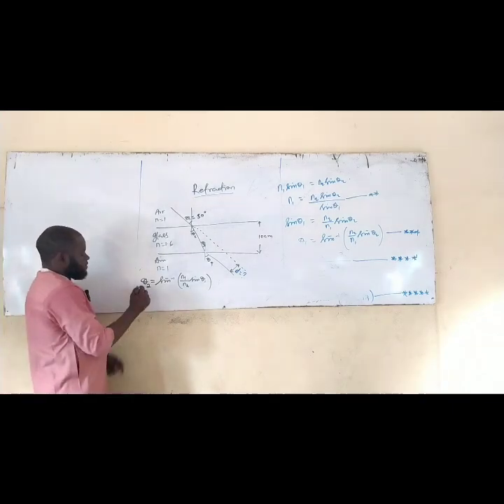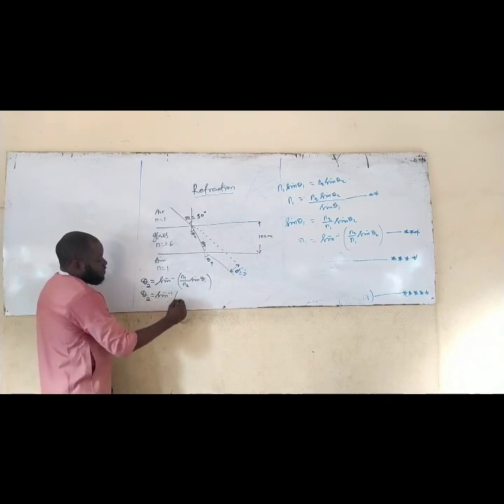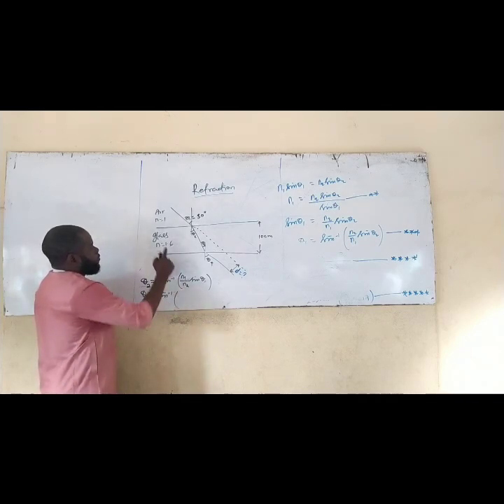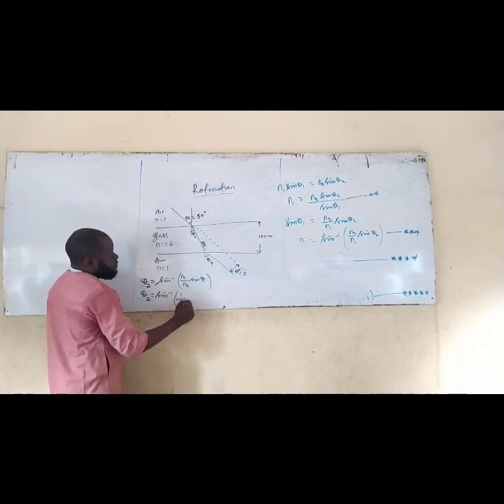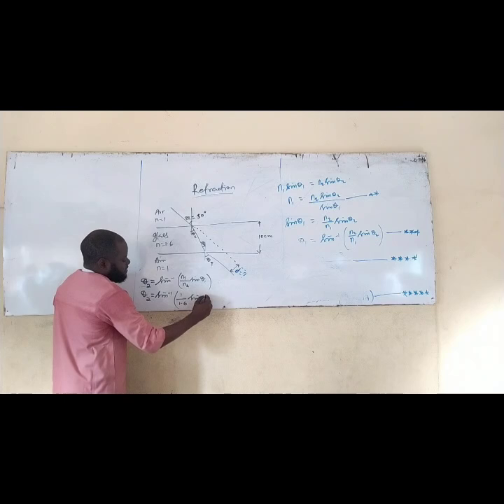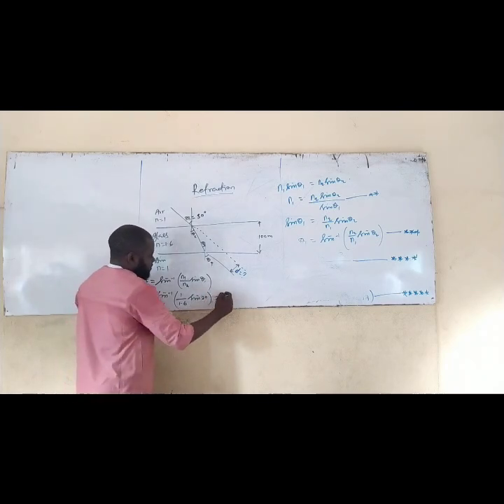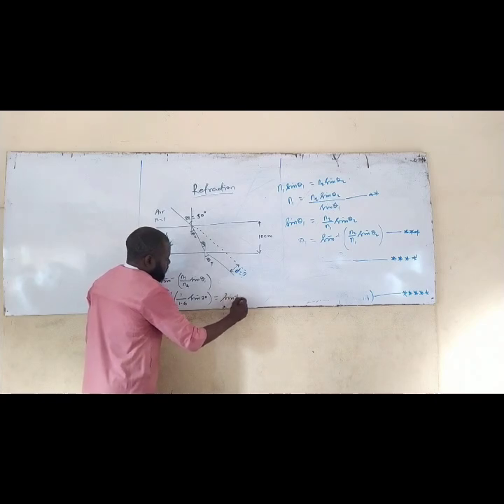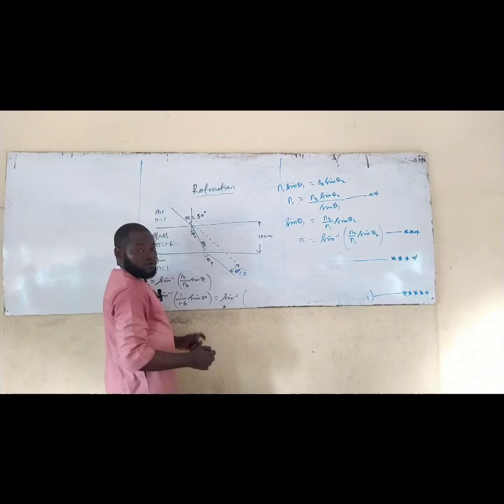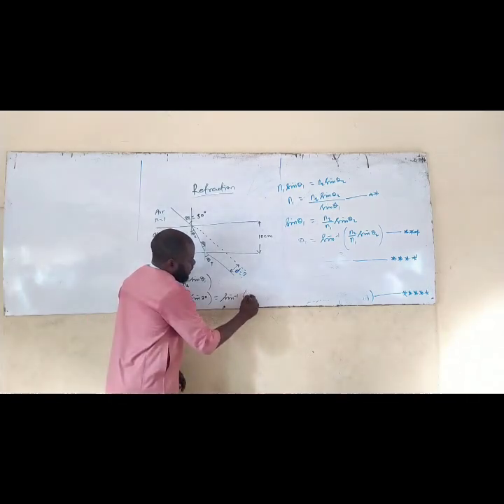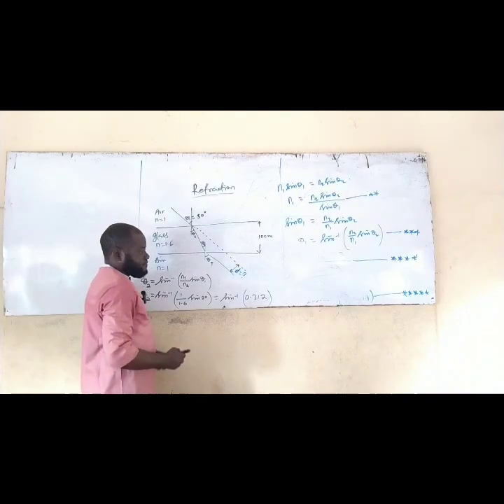Follow up, please. Theta 2 is going to be arc sine of N1 over N2 sine 30 degrees. What is N1? 1. N2 is 1.6. So sine 30 degrees should give us 0.5. So 0.5 divided by 1.6, what do you have? 0.312. So arc sine of that?